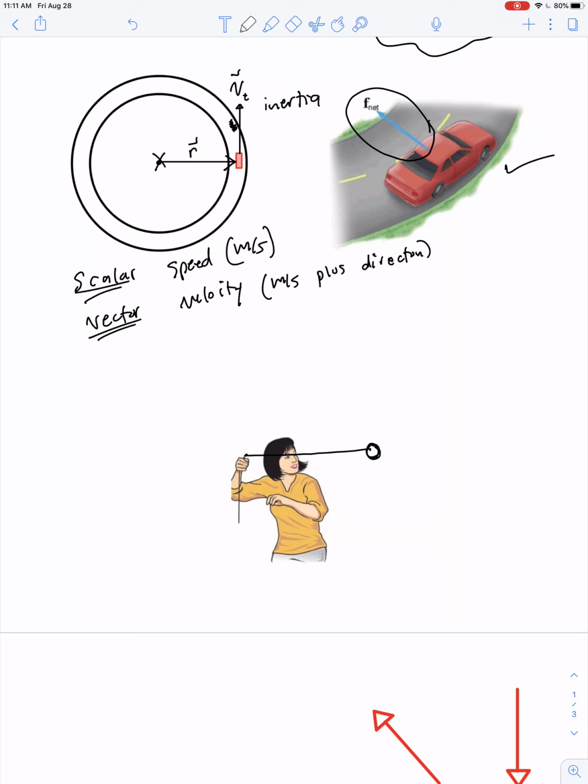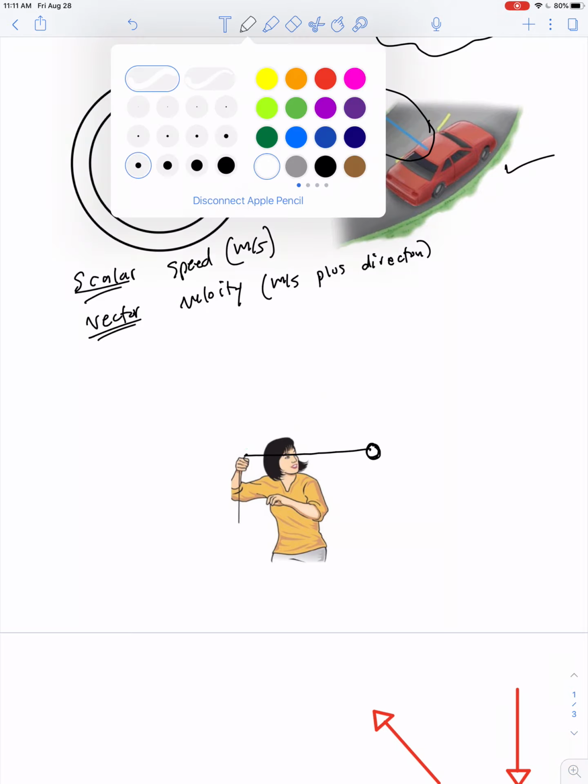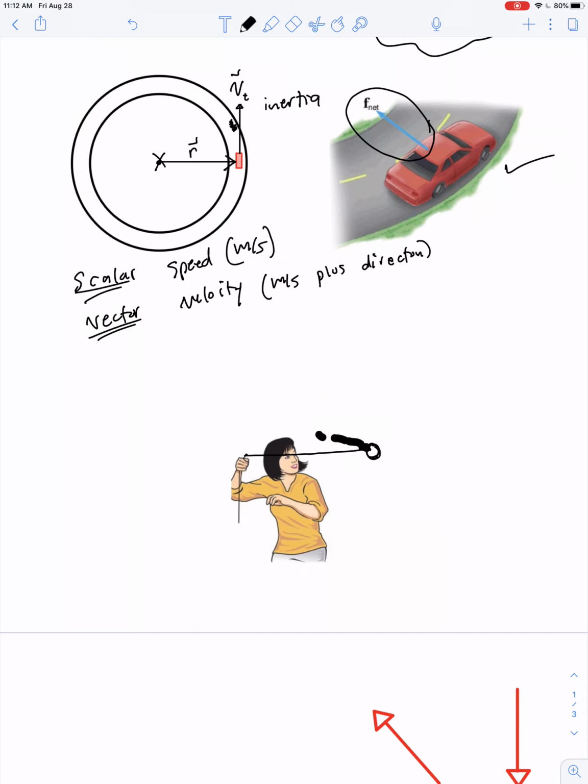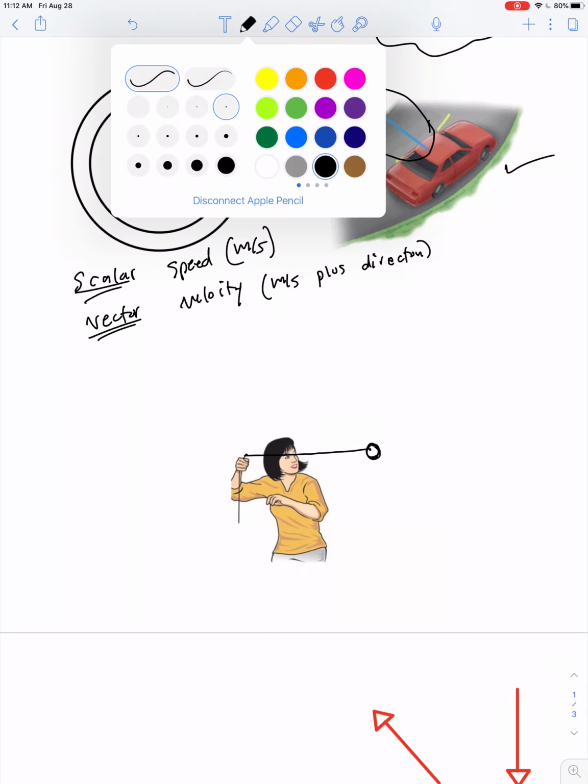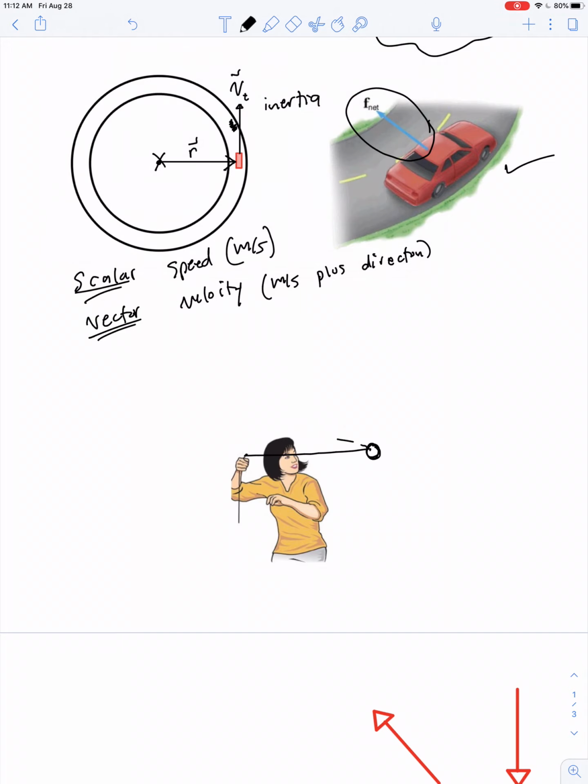So yeah, let's imagine this case. The ball moves around. What if the ball could be spun in a circle like this? Then the tension in the string would be pulling the ball at all times toward the center.